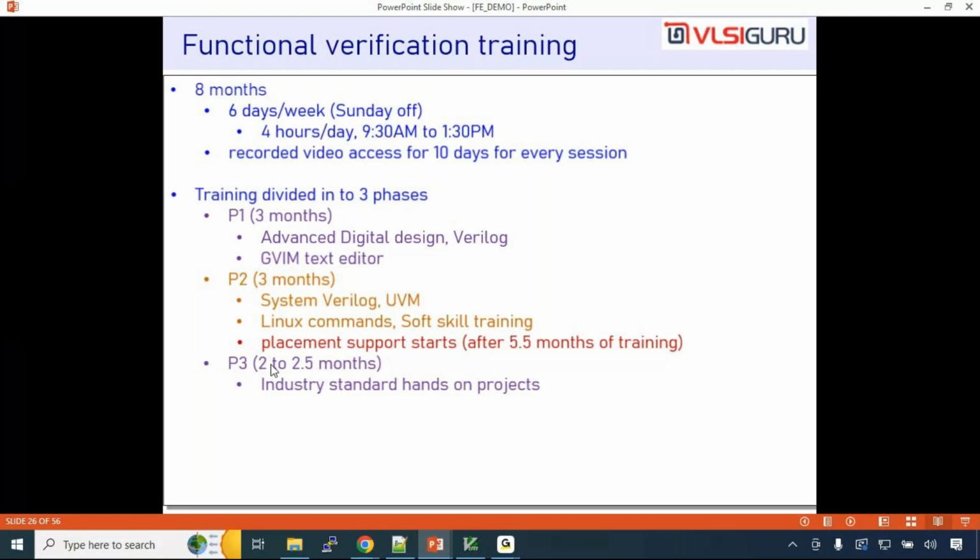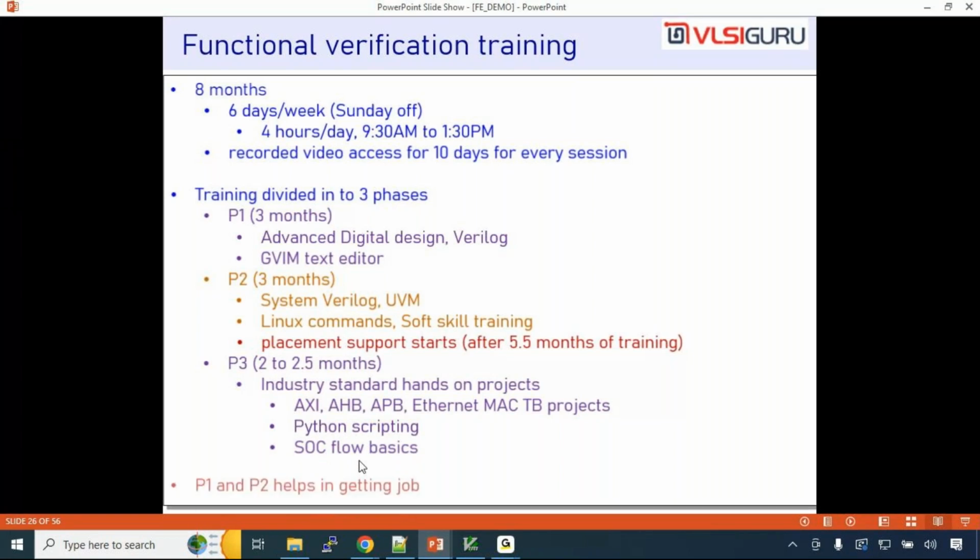So phase 3 is industry standard hands-on projects like AXI, AHB, APB, Ethernet, MAC test bench projects. Scripting will be taught. SOC flow will be taught, basics. What is the significance? What you learn in phase 1 and phase 2 will help you in getting a job.